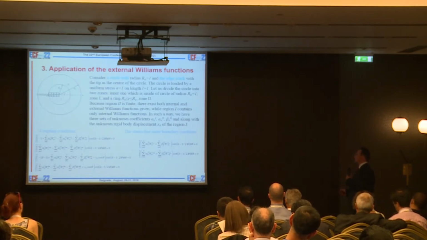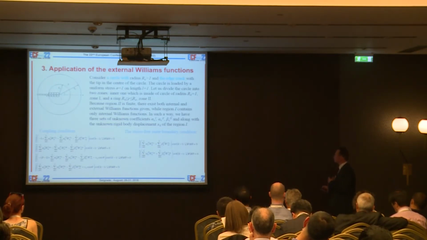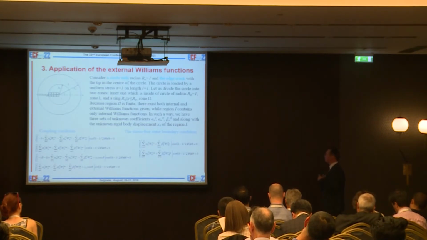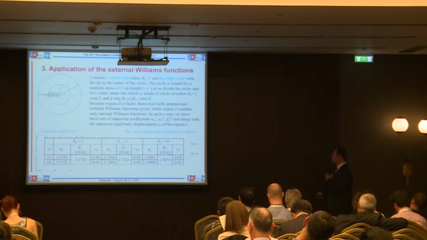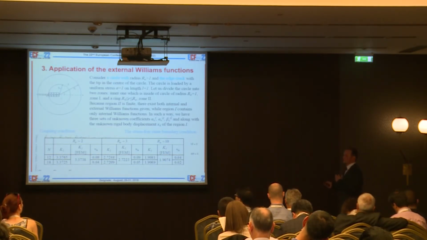Now we have not only coupling equations on this circle, but we have to satisfy the boundary conditions. And here is the comparison with the true results. Quite good accuracy in the application of internal and external Williams functions.